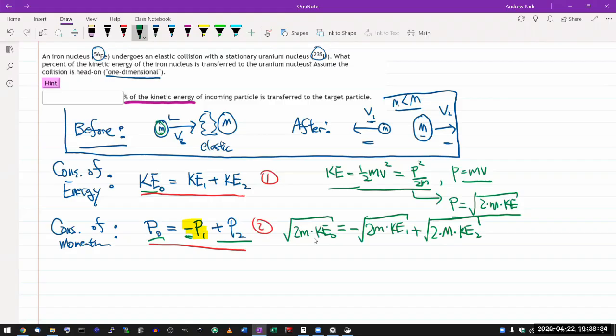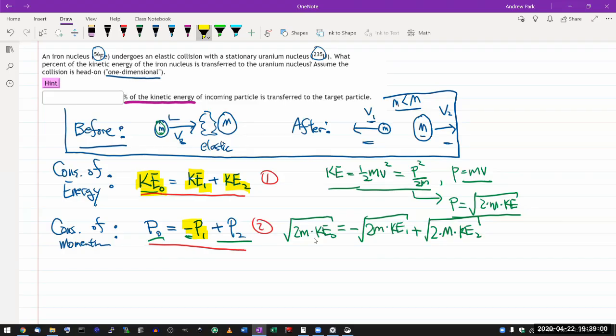All right. Now, if you look at this carefully, you will see that you still have too many unknowns. The incident kinetic energy is unknown, and the outgoing kinetic energies are technically unknown. So you have 3 unknowns and 2 equations. That's not quite enough.